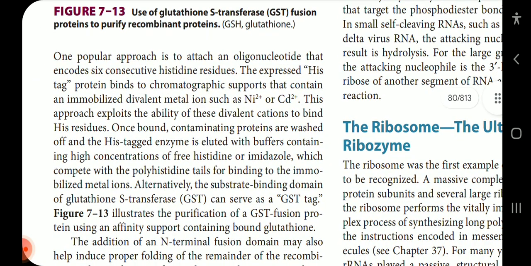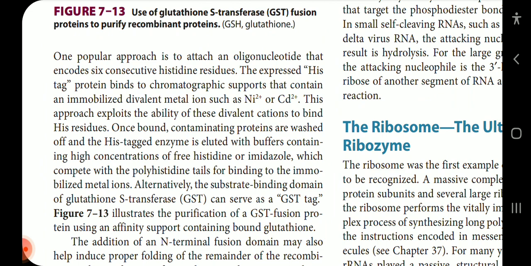One popular approach is to attach an oligonucleotide that encodes six consecutive histidine residues. The expressed His-tag protein binds to chromatographic supports that contain an immobilized divalent metal ion such as Ni2+ or Cd2+. This approach exploits the ability of these divalent cations to bind His residues.